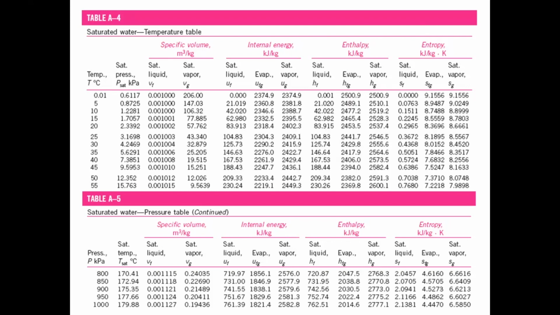This is one example of Table A4, which is a thermodynamic table, the saturated water temperature table. I'm sure you are quite familiar with this. There are 4 things you can refer to and get values from in this table: specific volume, internal energy, enthalpy, and entropy. So what are those?